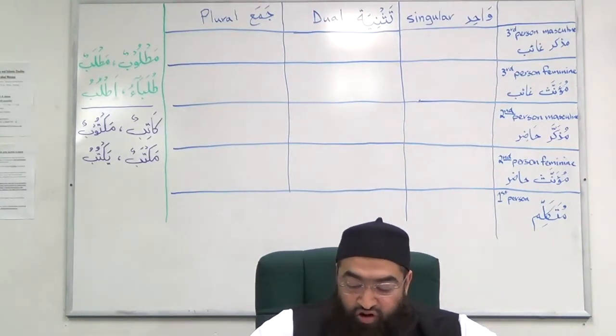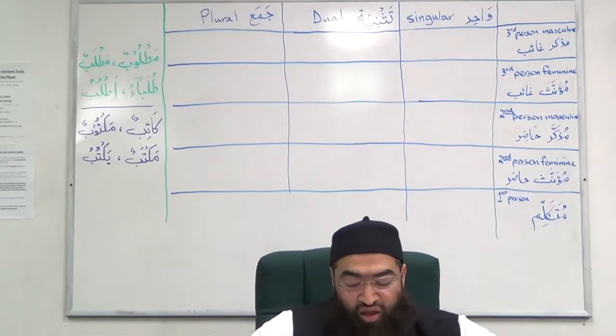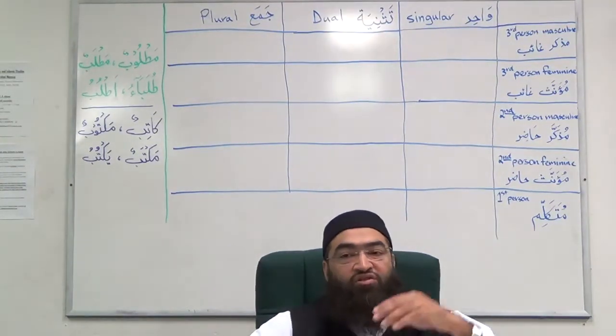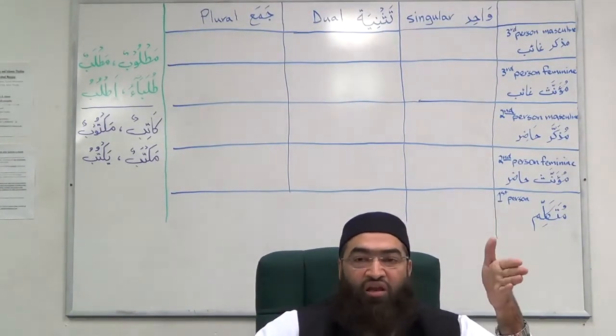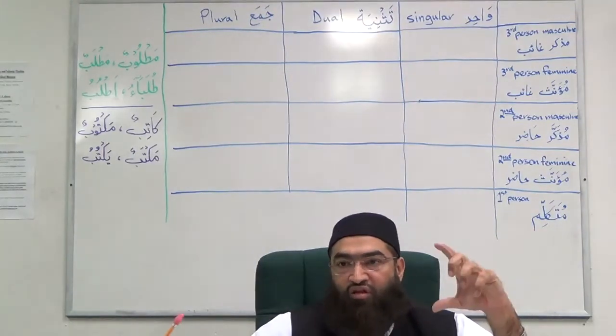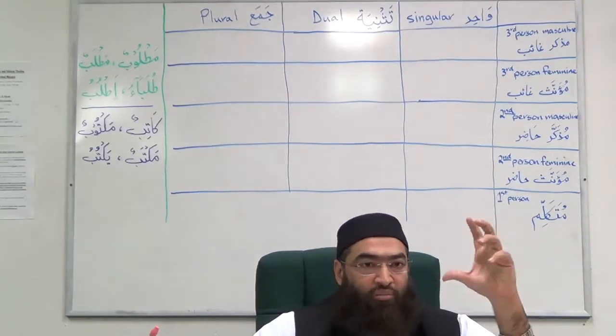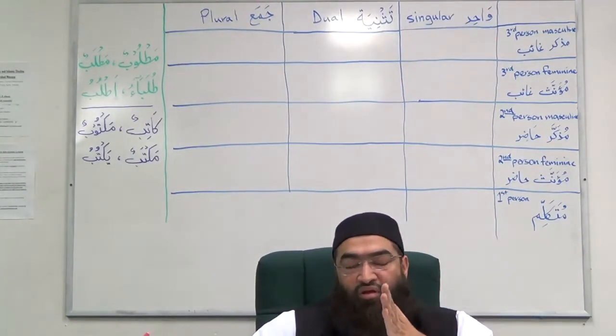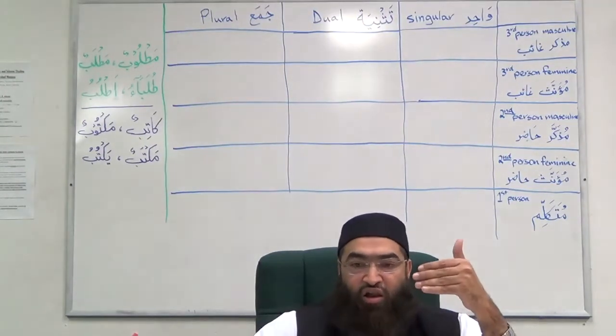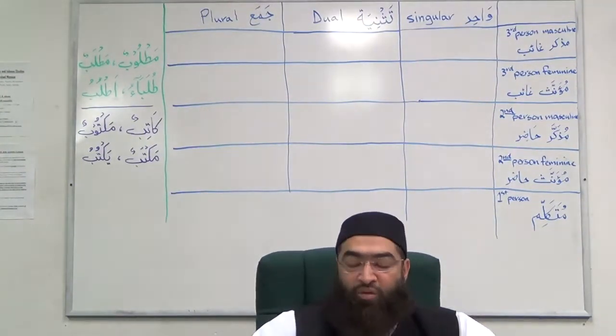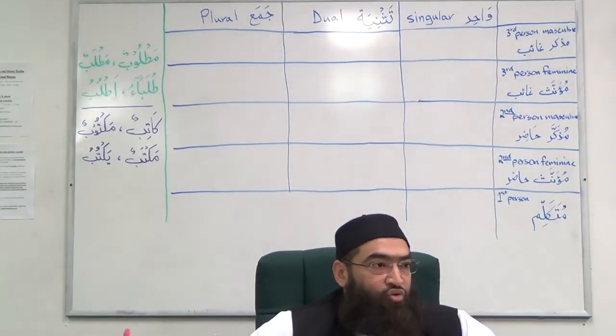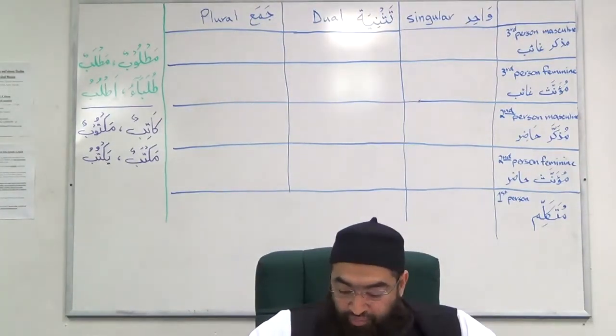The past tense verbs are conjugated by adding designated letters to the end of the verb. We mentioned last week that if you put an alif after the wahid mudhakkar ghaib, fa'ala, you put an alif, fa'ala, it becomes dual or tathniya.